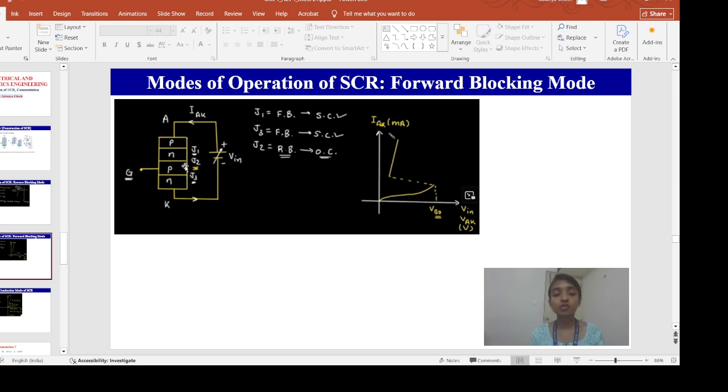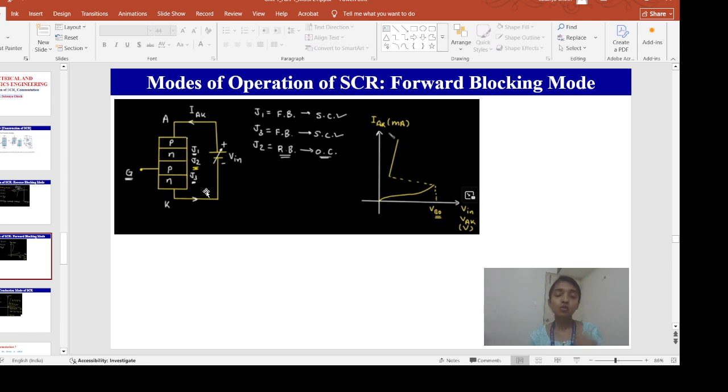What about the J2 junction? In the J2 junction, the N side is connected to the positive terminal of the battery and P is connected to the lower potential. So the J2 junction is reverse biased. Since the J2 junction is reverse biased, the supply V in is breaking here. The supply can't reach here. So once the supply can't reach the junctions, the anode to cathode current can't flow through the circuit, and your SCR will remain in the off condition.